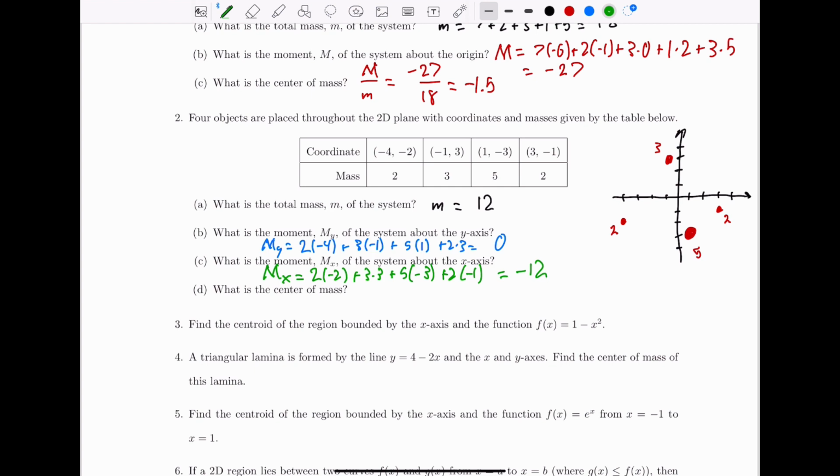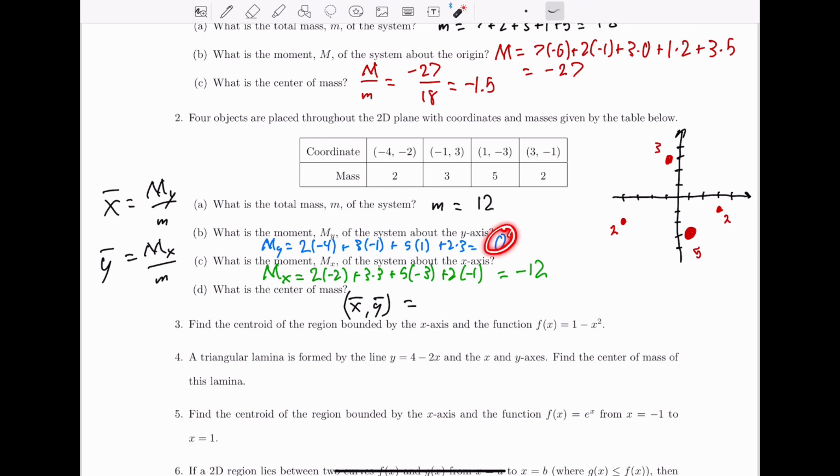Now the center of mass is x bar, y bar. X bar is the moment about the y-axis divided by the total mass. Y bar is the moment about the x-axis divided by the total mass. So we take the moment about the y-axis, that's 0, divided by 12, that gives us the x component.